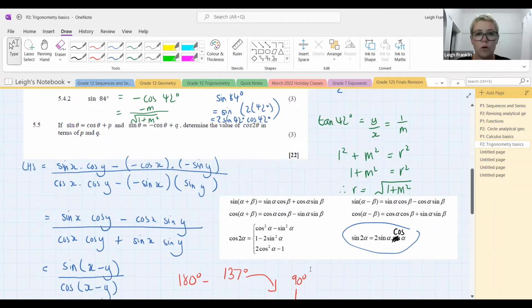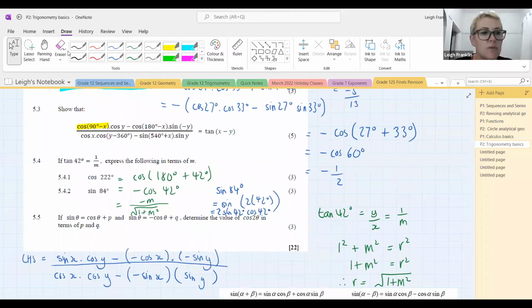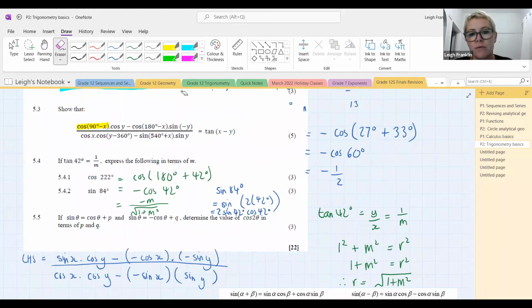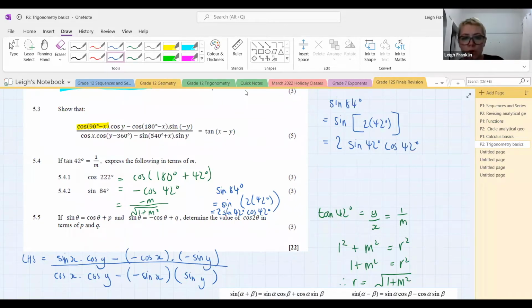Sorry, that's really squashed up, so let me make some space on the left-hand side and write that a bit better. We have the sine of 84, which is double 42, and using our double angle sine formula, we can write this as 2 sine 42 cos 42. All right, now we are ready to substitute in.